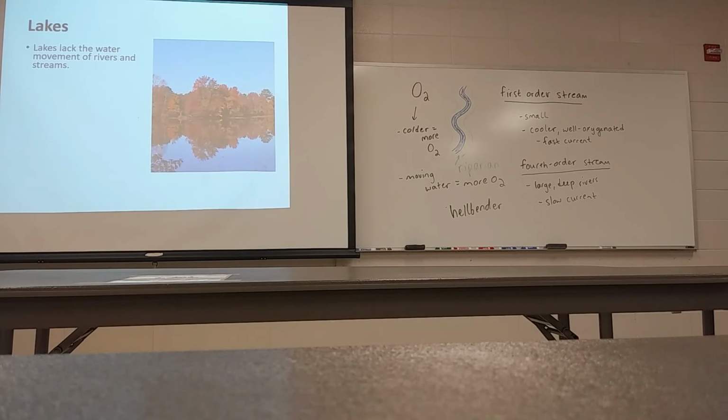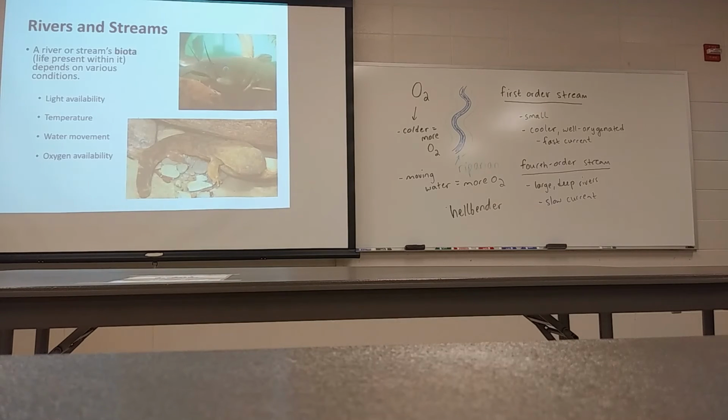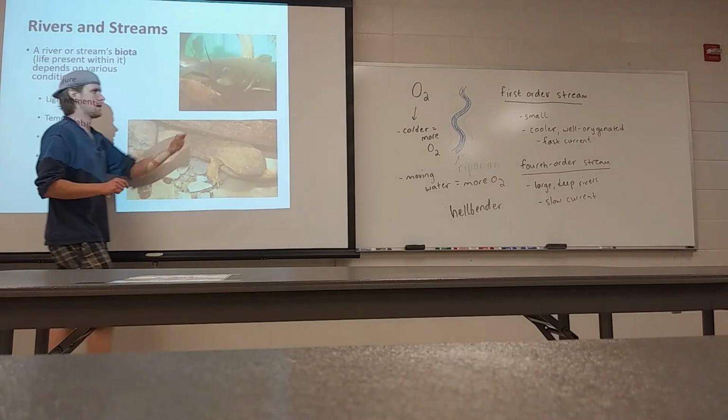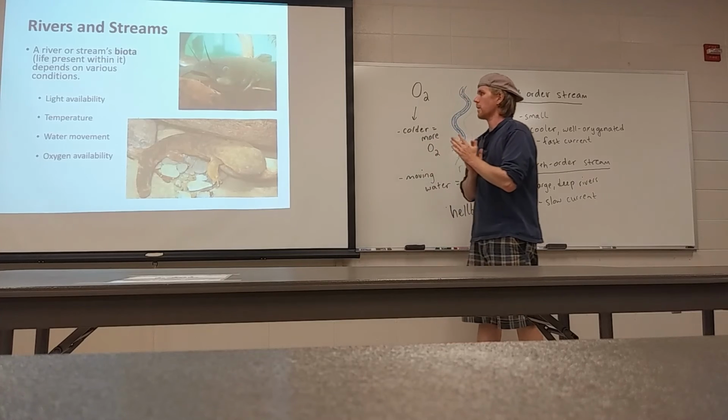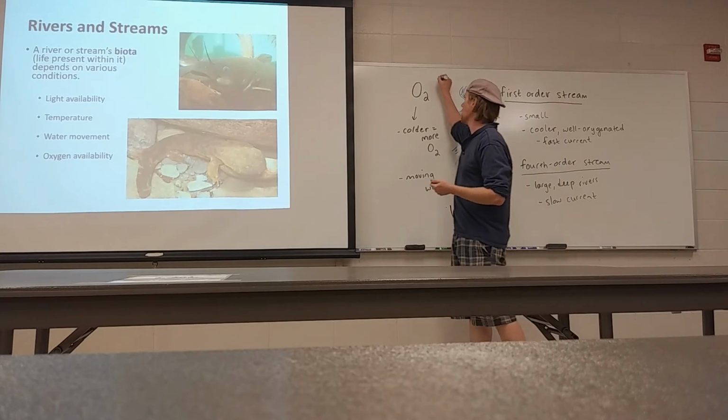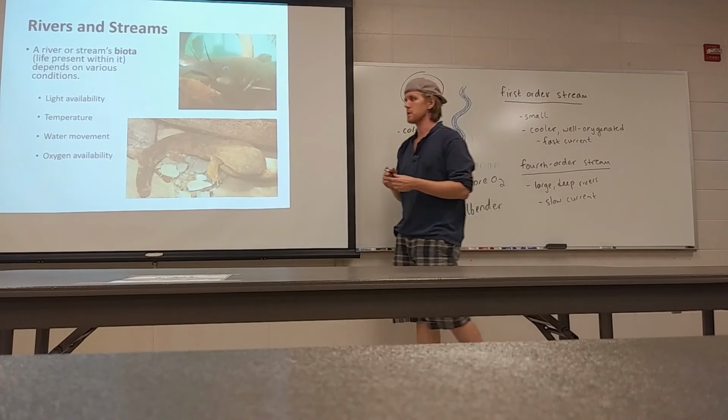So I should probably talk about the other creature in this picture. This is a bullhead. You probably recognize it's a catfish relative. They're in the same family. Bullheads are extremely tolerant of low oxygen amounts in water.